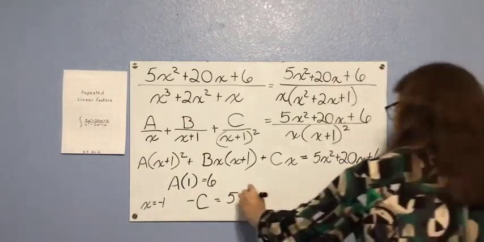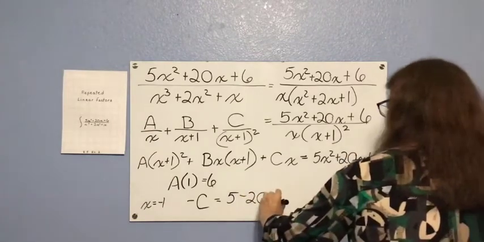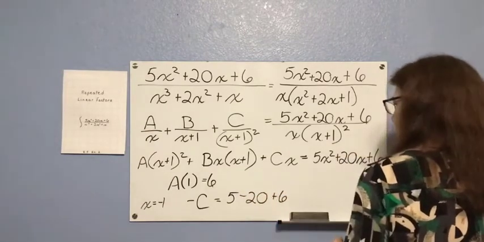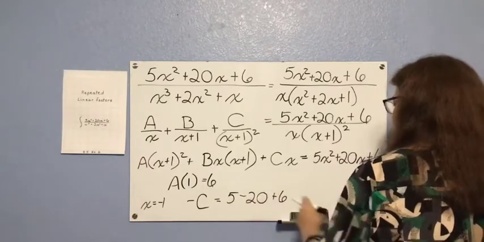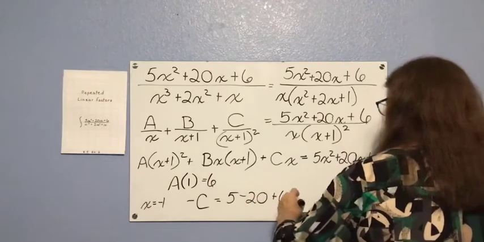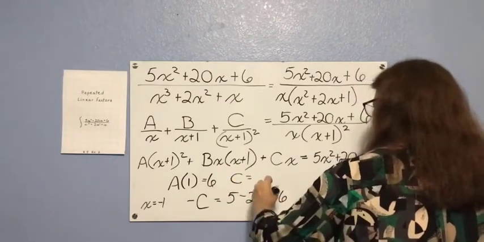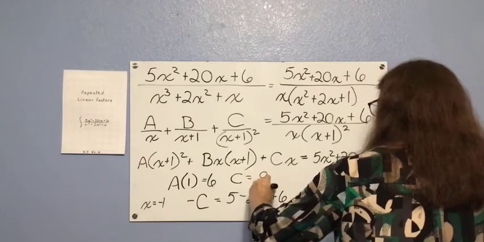This will be -20. And then this is just 6. So here I'm going to have -9 equals -c, so c equals +9.